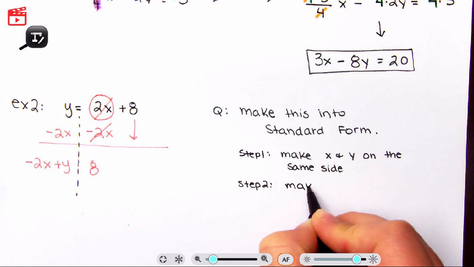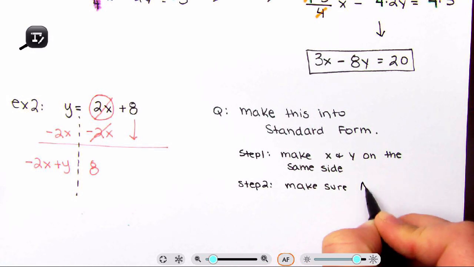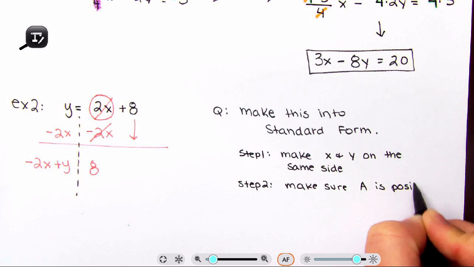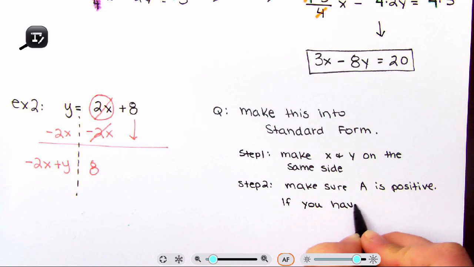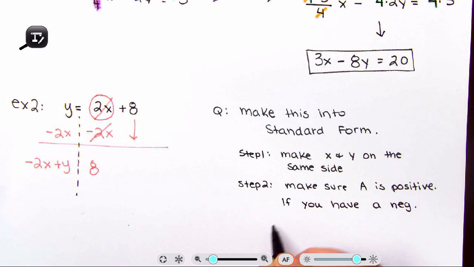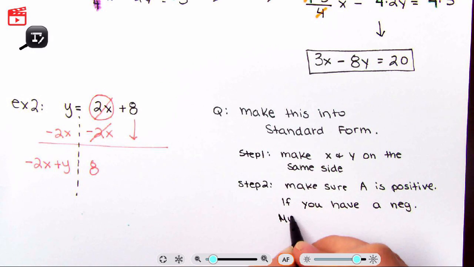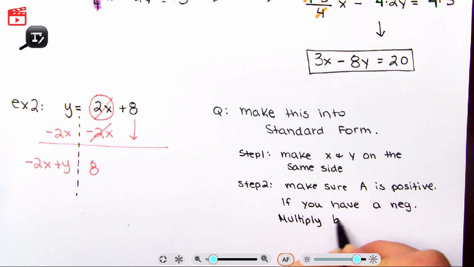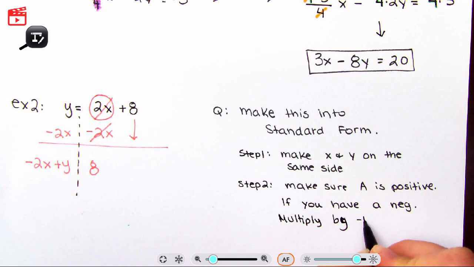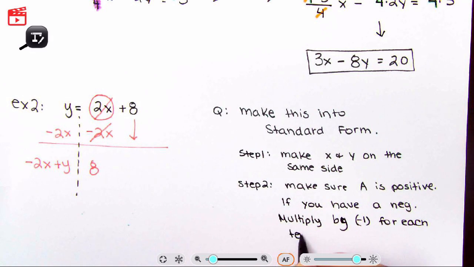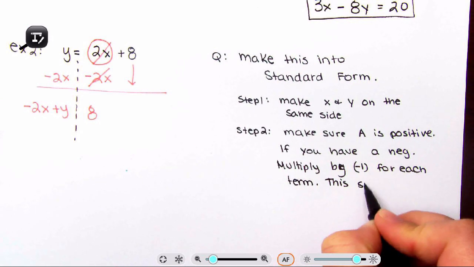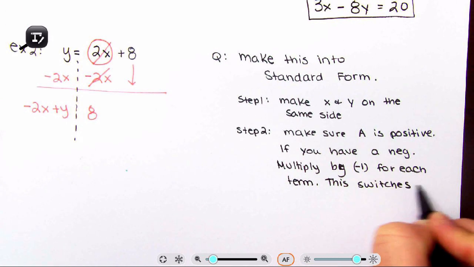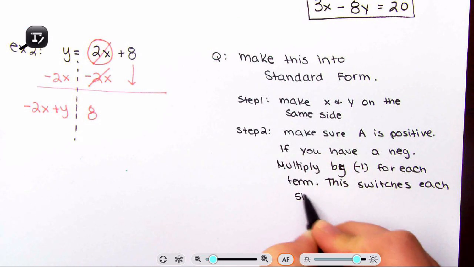Step 2, make sure A is positive. If you have a negative, multiply by -1 for each term. And what that does, this switches or flips each sign.